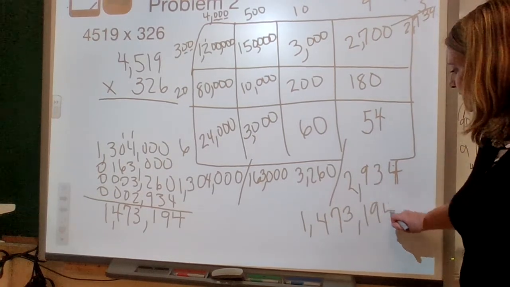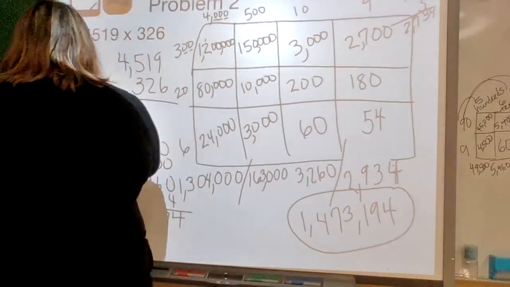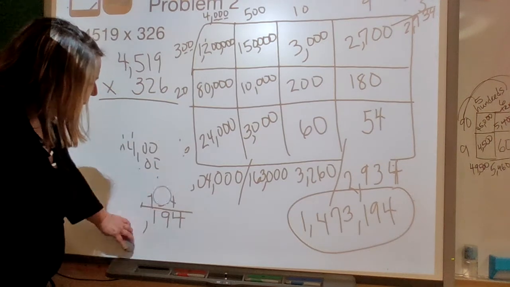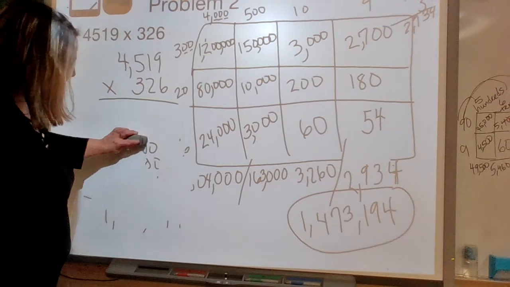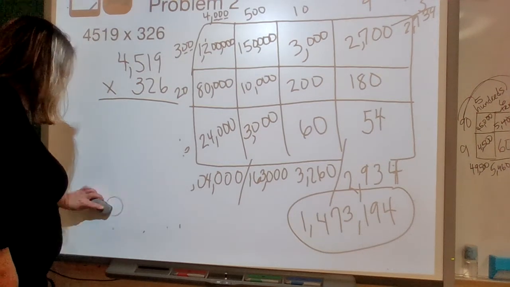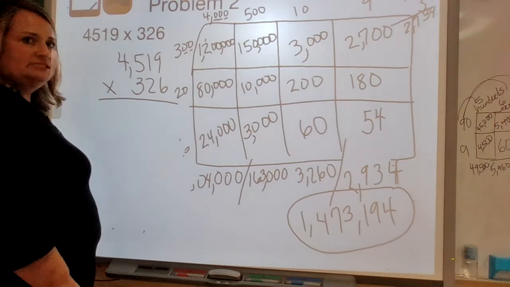And those were some big numbers that I was dealing with. So I'm going to work it out traditionally and make sure that I have the correct product. Because if I don't, I'm going to have to rework. And that's what we have to do sometimes. All right, so we have 9 times 6.